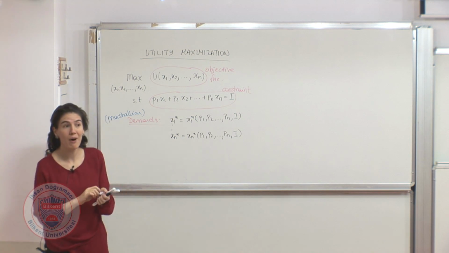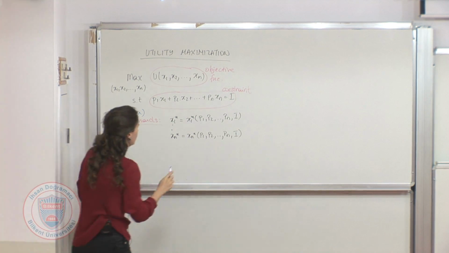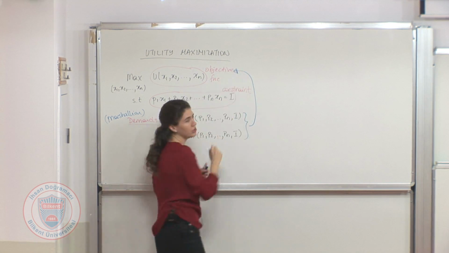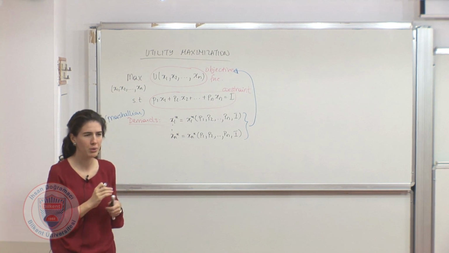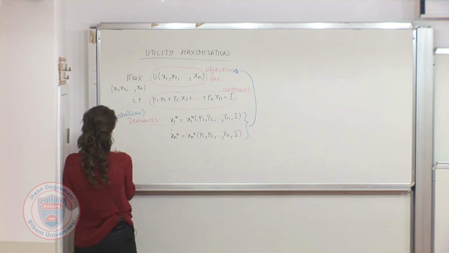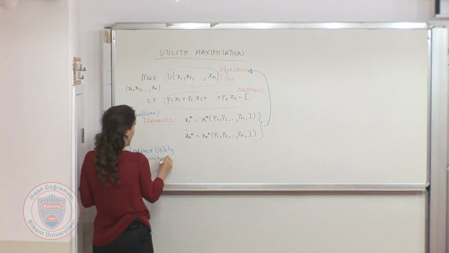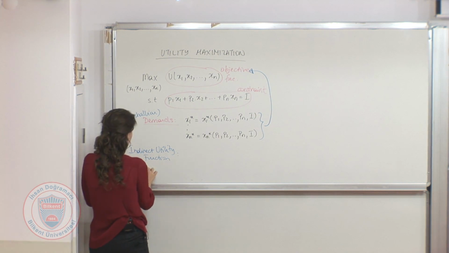So then we said that, well, these are the maximizers, right? So when we actually put these guys back into our objective function, which is the utility function, when we plug them back in, what was the function that we were getting? It's called indirect utility, right? So let's call this the indirect utility function. And remember that this is called a value function. Okay?